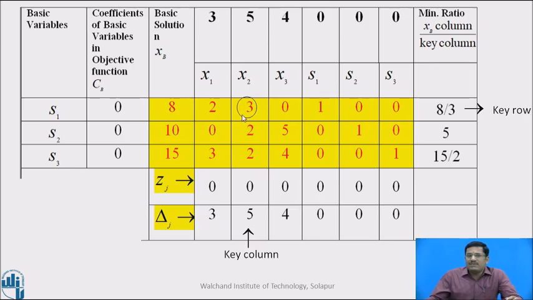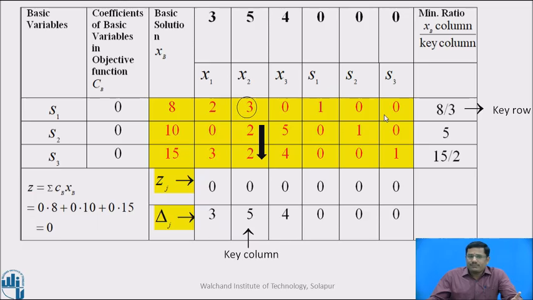We are going to convert this 3 to unity by dividing this full row by 3, and after converting it to 1, we are going to convert the elements lying below that key element to 0 using this key row and by applying a suitable row transformation. To convert this 3 to 1, we divide row number 1 by 3, and to convert this 2 to 0, we use the transformation R2 changes to R2 minus 3 by 2 R1.